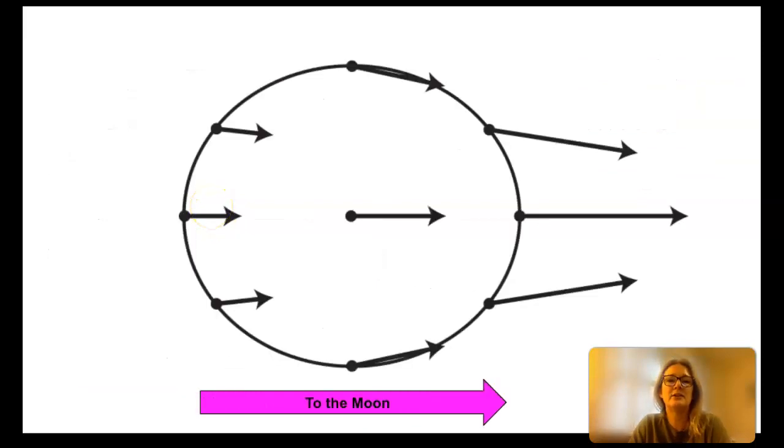Let's look at the arrows to see how this works out visually. So in order to think about this, we're going to put ourselves in the middle of the Earth, in the center of the frame of reference. So we're going to compare everything to us here in the middle.